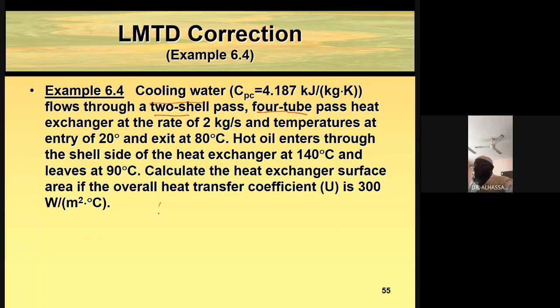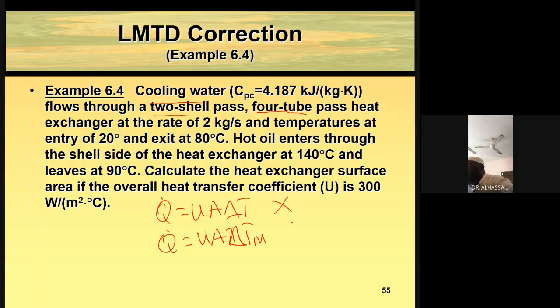Similarly, the first thing that has to come to your mind is Q equals UA times delta T. This equation cannot be used. Again, Q equals UA delta T_m, this equation also cannot be used, because here Cp of the cold fluid is not the same as Cp of the hot fluid.